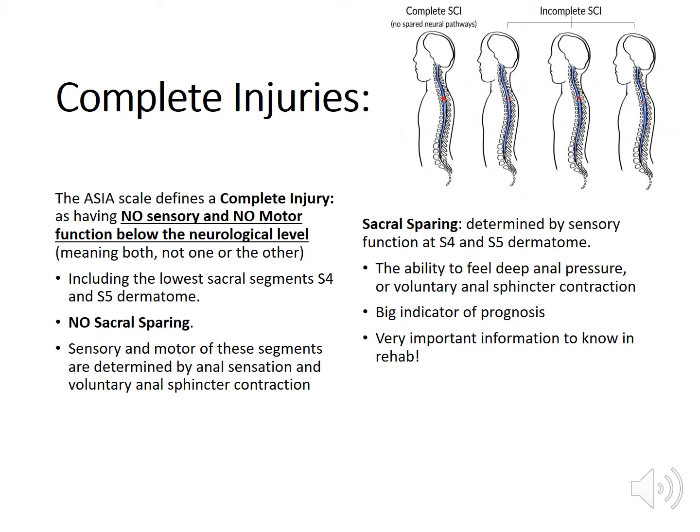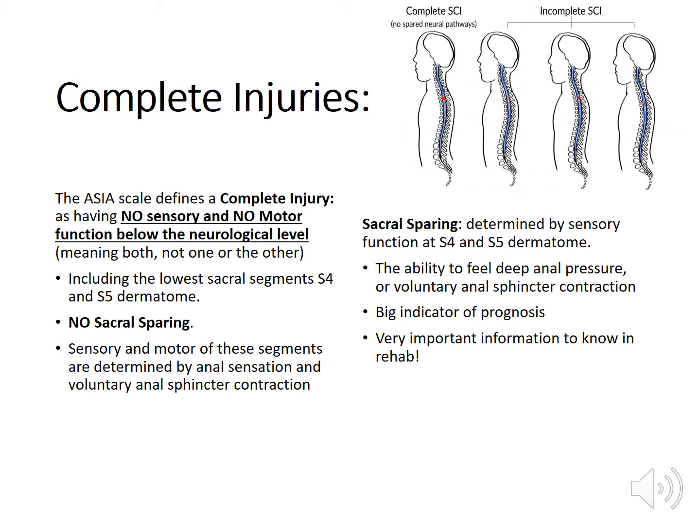So it can't be that the patient has sensory but doesn't have any motor function. It has to be both. For it to be considered a complete spinal cord injury, there has to be no sensory and no motor function below that neurological level or that level of lesion.